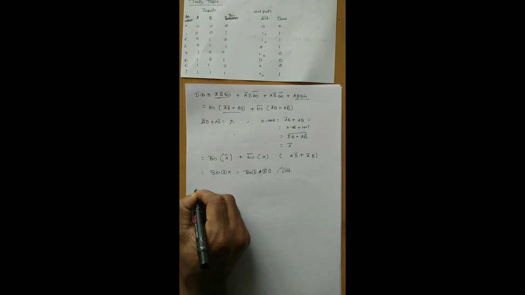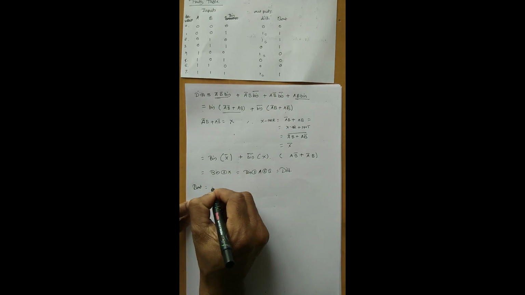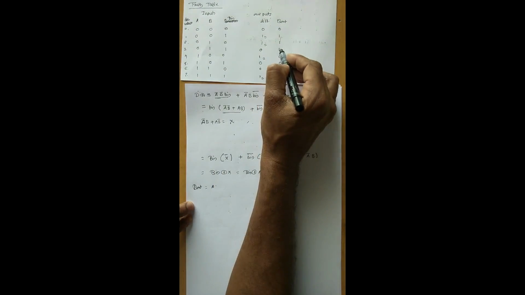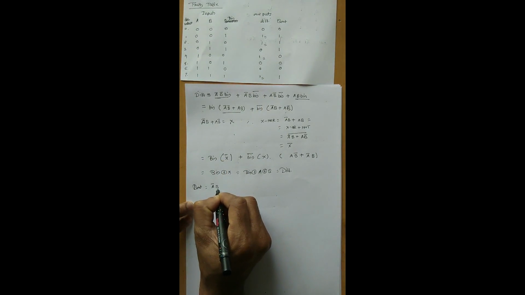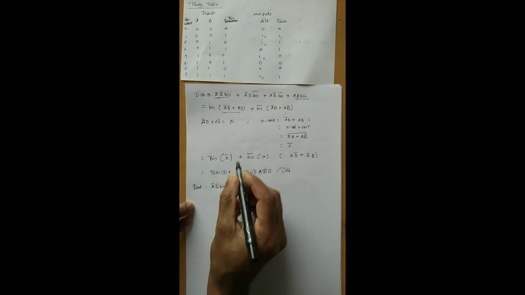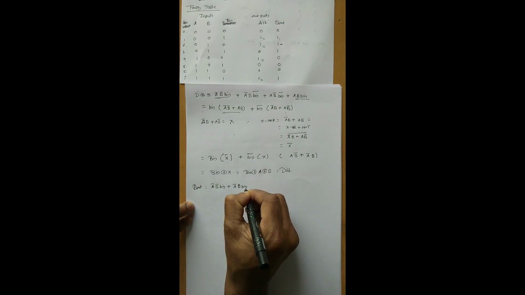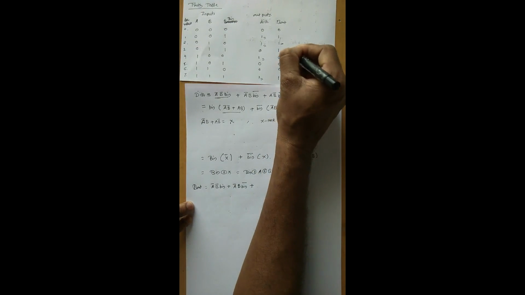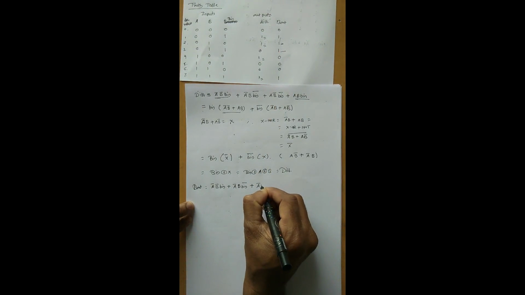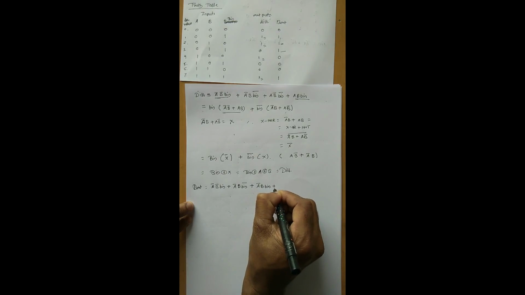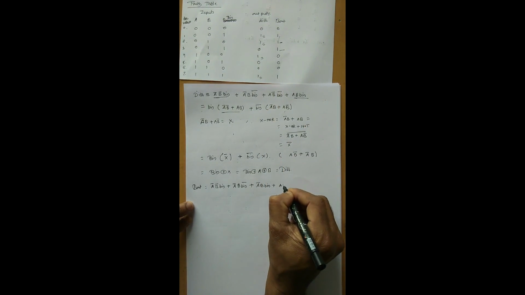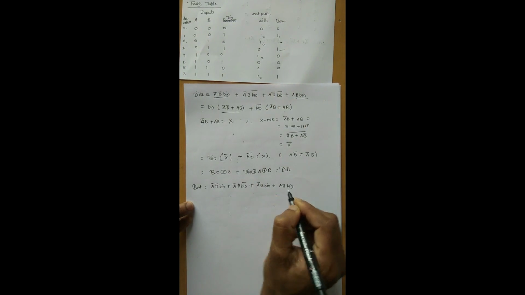Okay, then what about the B out, that is borrow out? For B out, consider for this one A bar B bar B in, for this one A bar B B in bar, for this one A bar B B in, plus for this one A B B in.